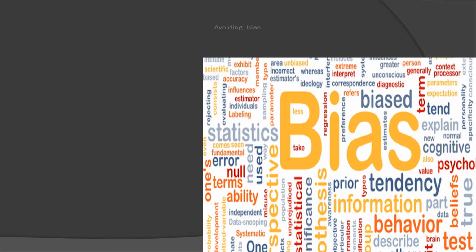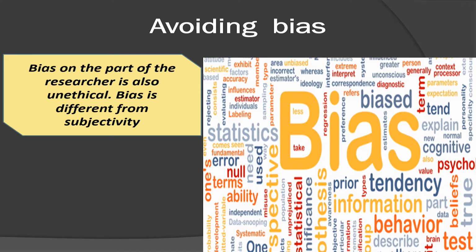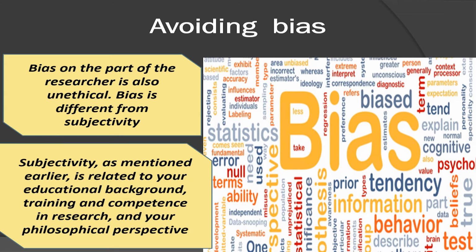The next is avoiding bias. Bias on the part of researcher is also unethical. Bias is different from subjectivity. Subjectivity, as mentioned earlier, is related to your educational background, training, and competence in research and your philosophical perspective.